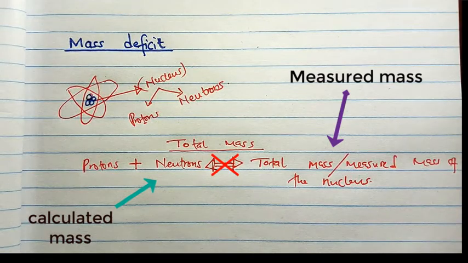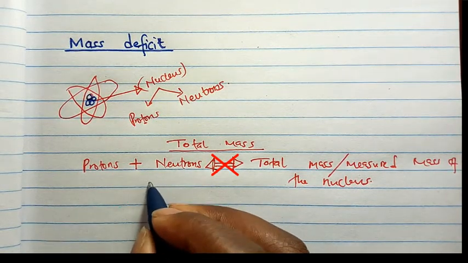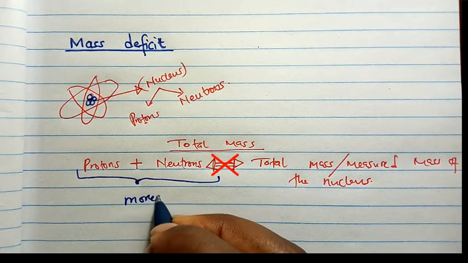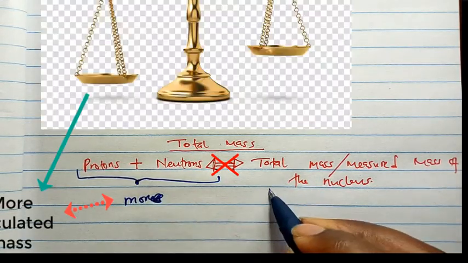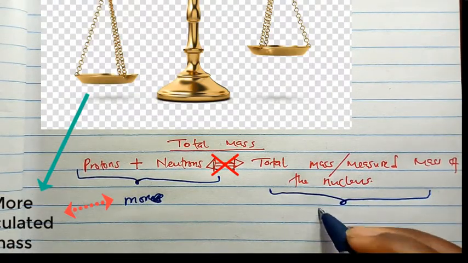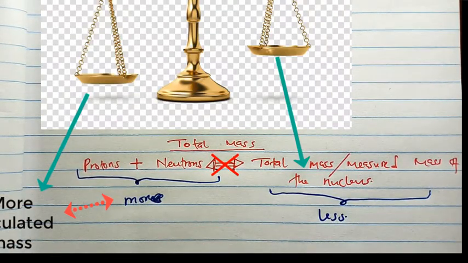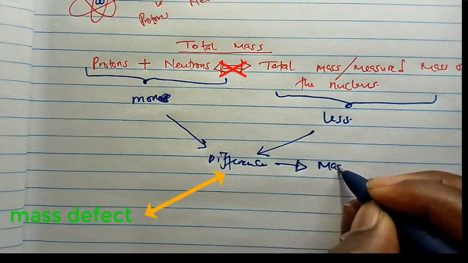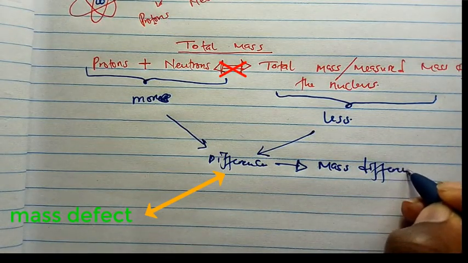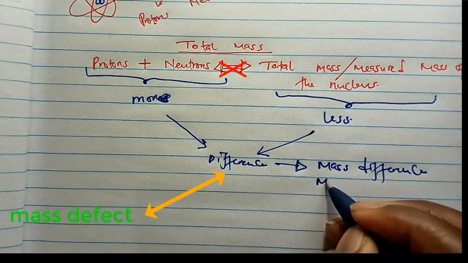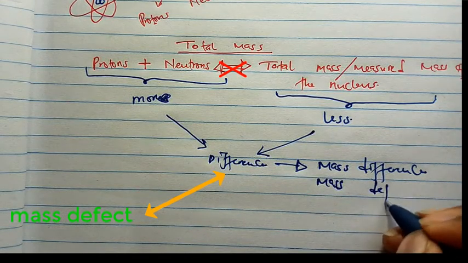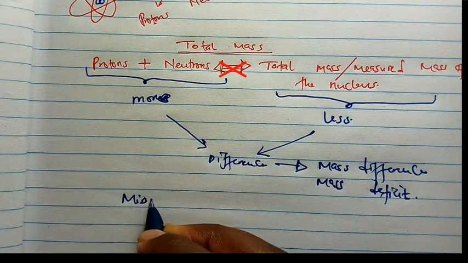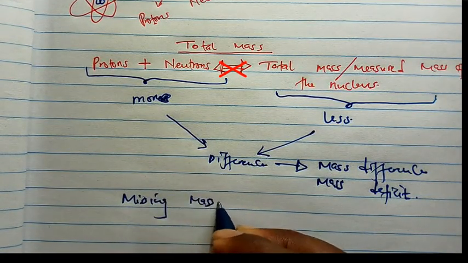We find that this one here, these two on this side, happens to be more, and on this other side, we expect it to be less. The difference here is what we refer to as the mass difference. The mass difference can also be called the mass deficit. In other words, it is the missing mass.